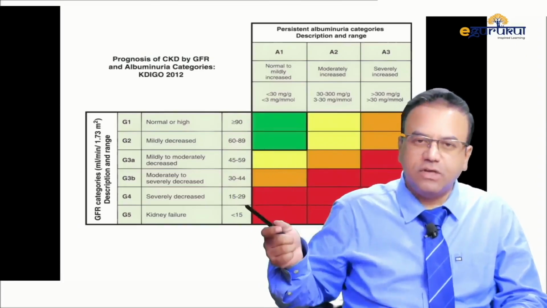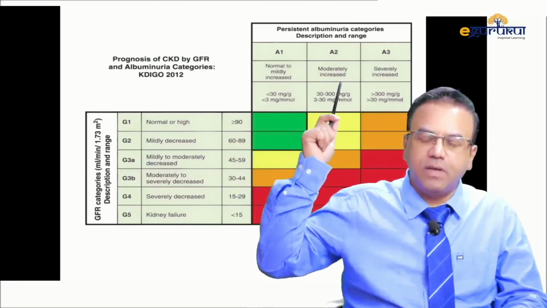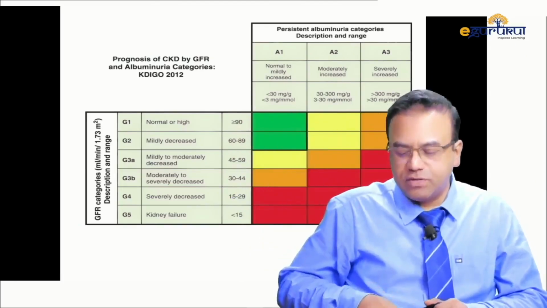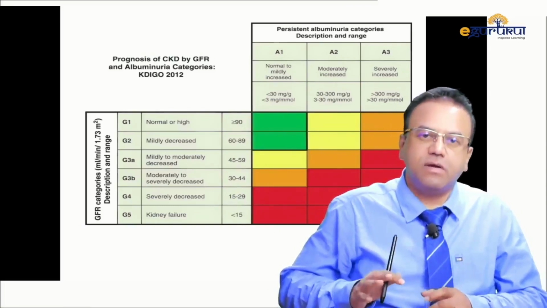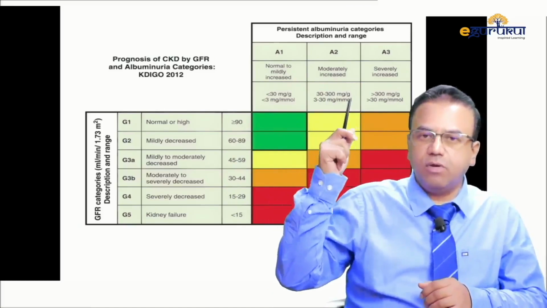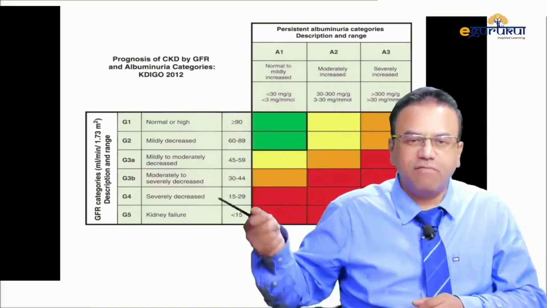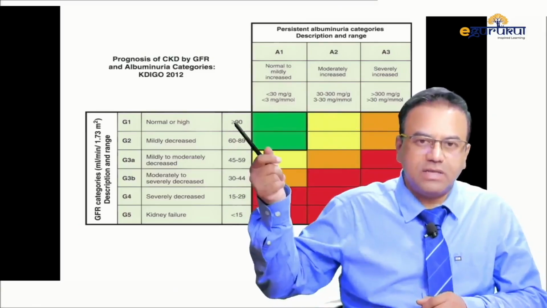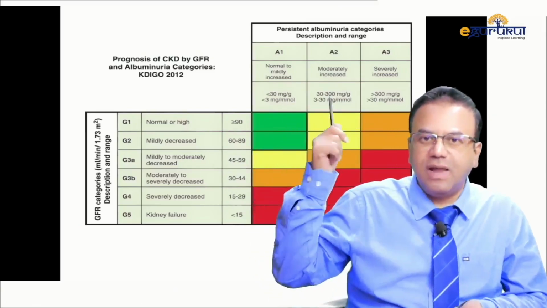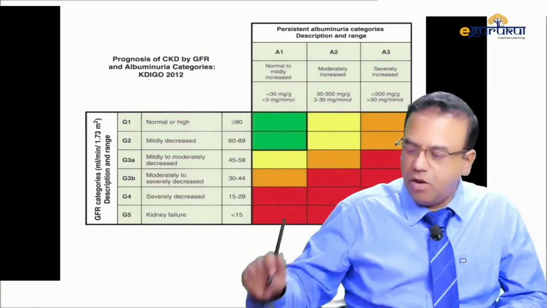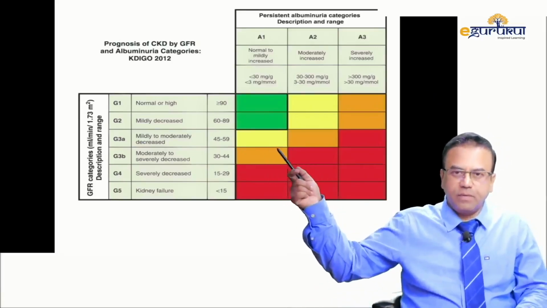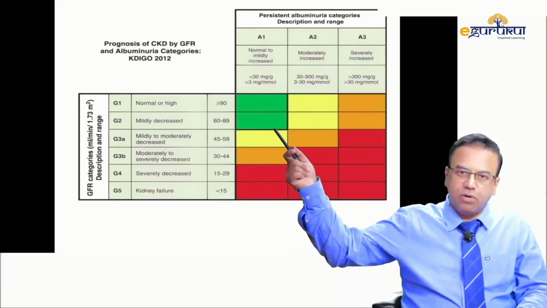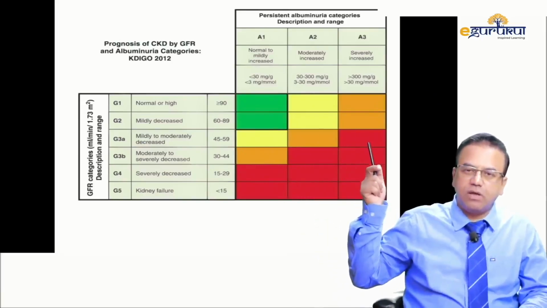Earlier, I remember when we used to discuss, when we were postgraduates, the classification was simply based on GFR. We never used to focus on albumin, the urine protein, only kidney function, and function depends on GFR. Lesser the GFR, lesser the kidney function. Kidney damage marker, we were not bothered. Now what we are realizing is that even if the GFR is good, if the patient has proteinuria, it is worse.